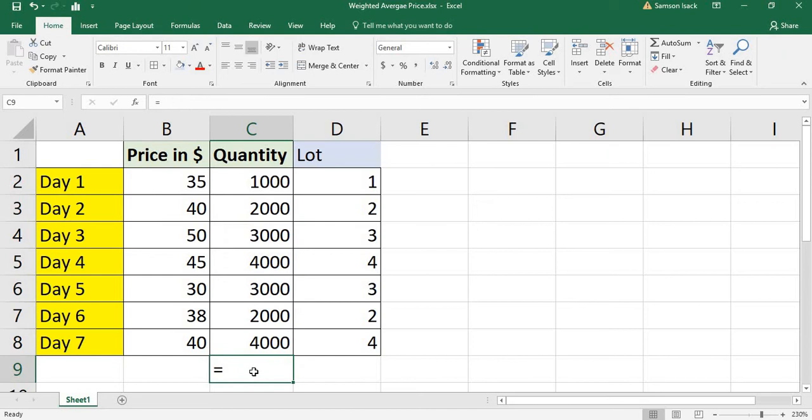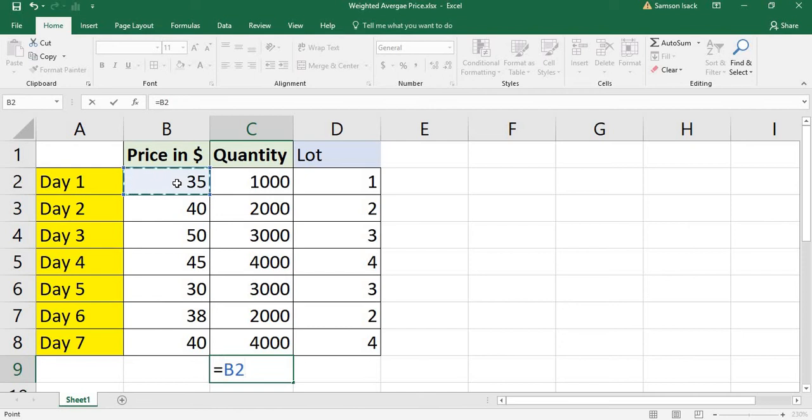Then you need to divide by the sum of quantity. Just so you know how tedious it is to do this manually, I will show it to you.